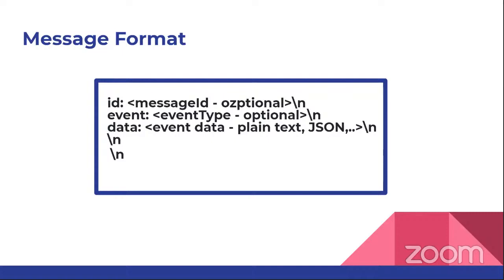Now you don't need to send an ID and an event all the time, and I'll get to why you need to send those eventually. If you're just looking at something very simple, you can just send data, and in data you can send any text, you can send a JSON, you can send anything there, and that's pretty much it. So it's this simple. It's just two steps to build a simple SSE server.